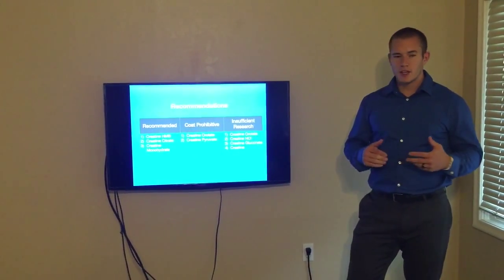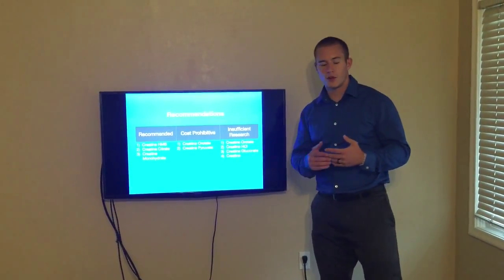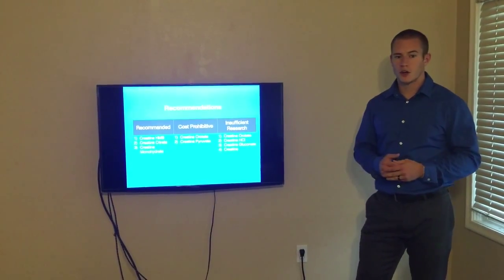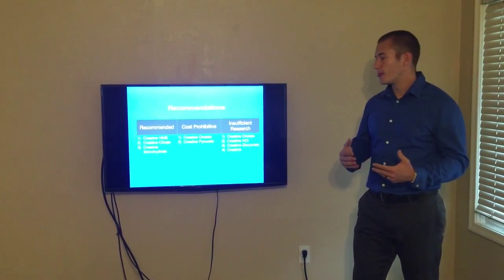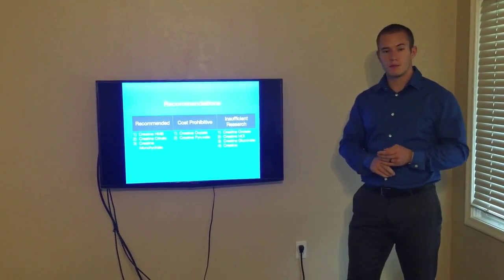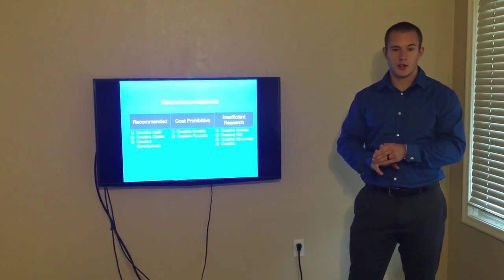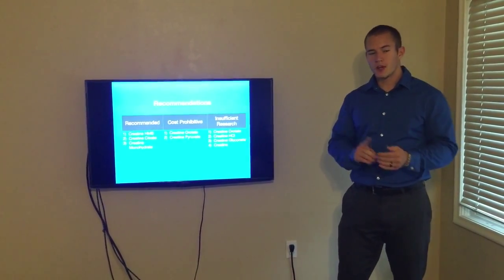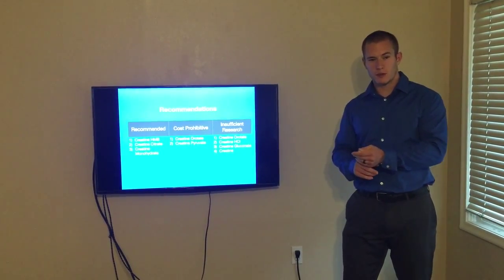As far as the recommendations of all these forms of creatine, I've provided this chart, and you will all get a handout of this chart of which forms of creatine that I recommend right now. My recommendations would be to consider creatine HMB, creatine citrate, and creatine monohydrate. I recommend creatine HMB because of the science that's behind it, even though it's a little bit more expensive.